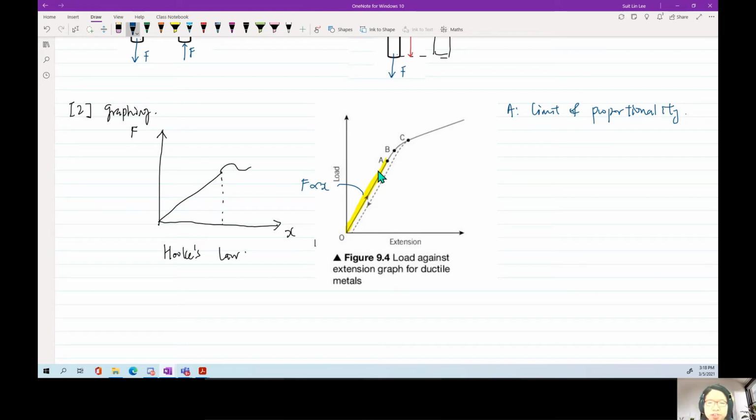After point A, no more already. Okay? So to define limit of proportionality, you will say that the extension of the material is still directly proportional to the force applied.